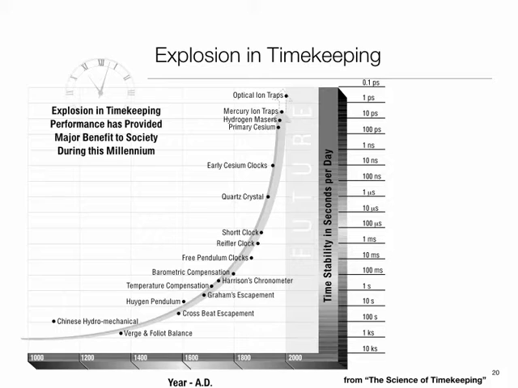The other thing is that the area which has been driving timekeeping quite significantly is high energy physics, because they try to timestamp atomic particle collisions and things like that. And so probably the best technologies for high precision timing are actually out of CERN, the big physics lab in Switzerland.